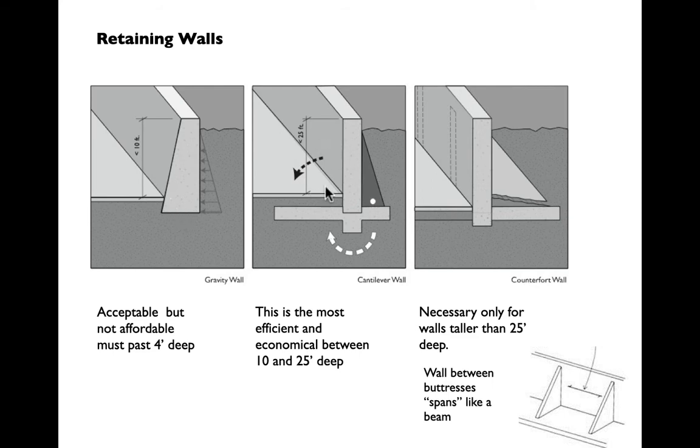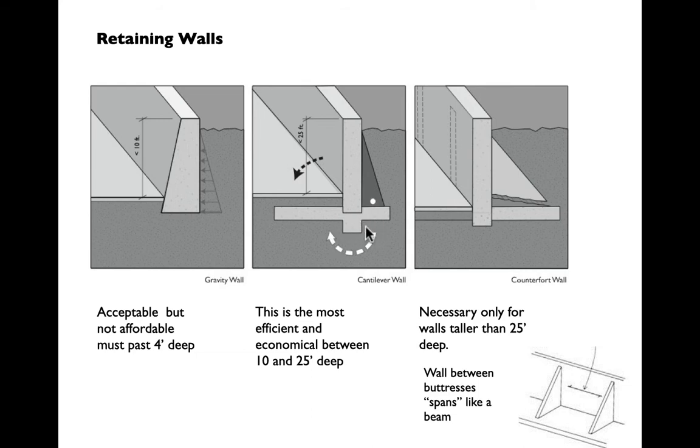If we're going deep, a story or more, we might do what's called a cantilever wall. So we might take advantage of a basement slab. We might thicken that slab as it comes closer to the wall. We might put what's called a key underneath the wall that not only helps us with the shear that wall is going to impart to our foundation, but also provides some resistance, right?